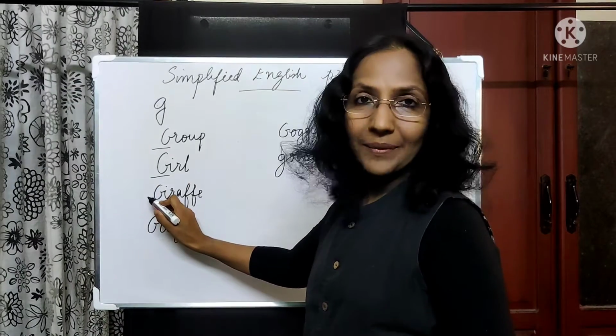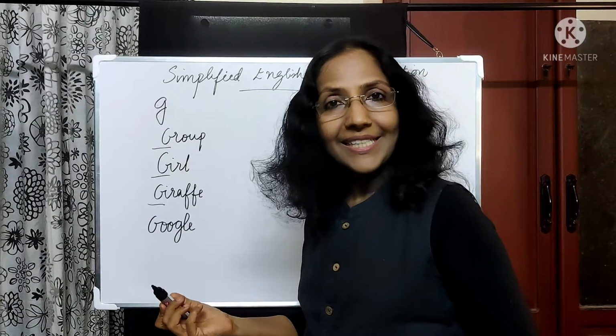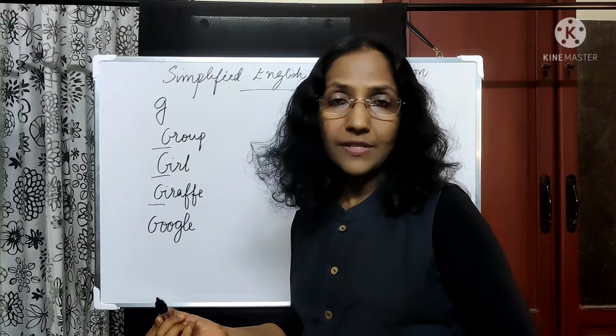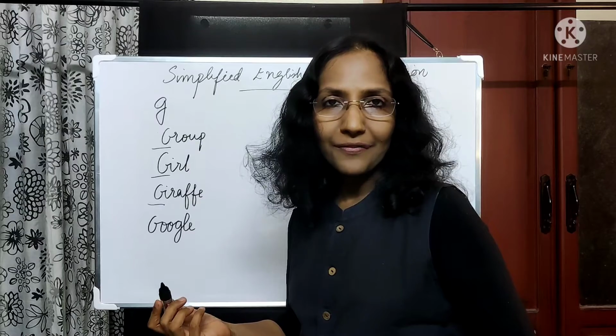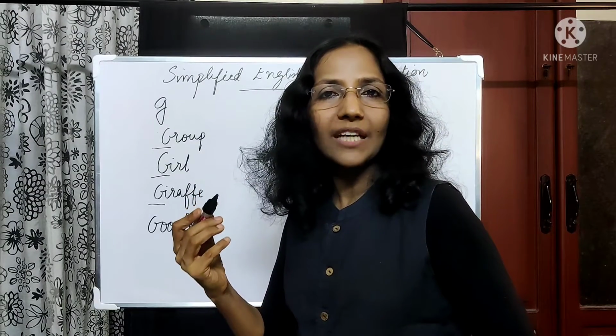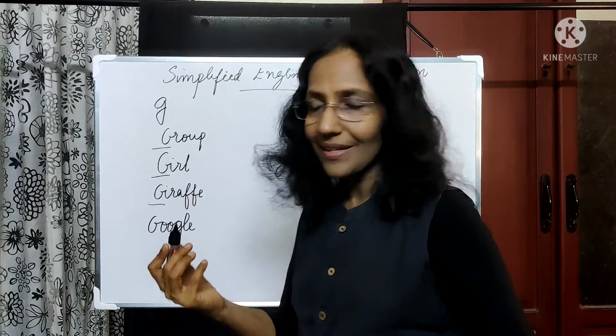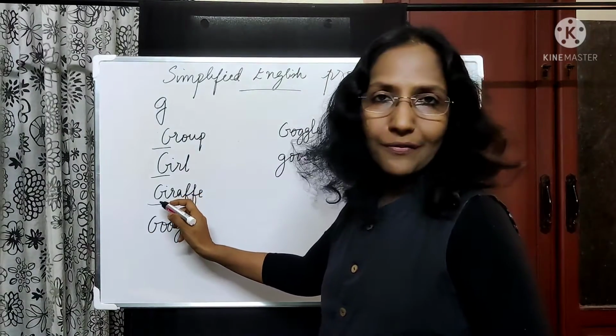Now this is a tricky word. How do you pronounce this? Usually we pronounce it differently, but it's giraffe. So we don't have that E sound. Instead it's almost like an U sound. Giraffe.